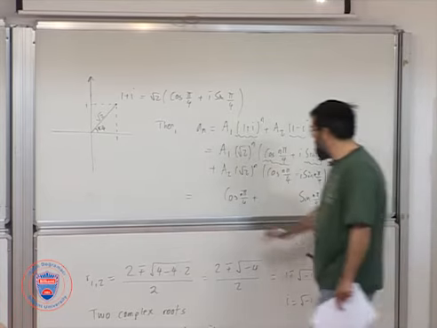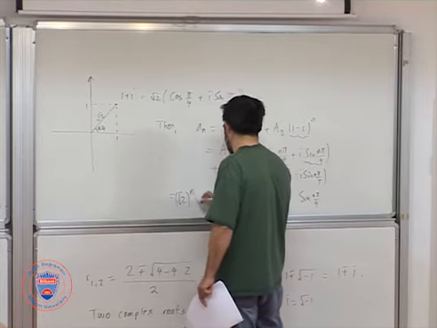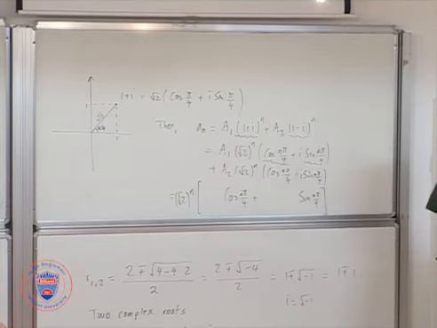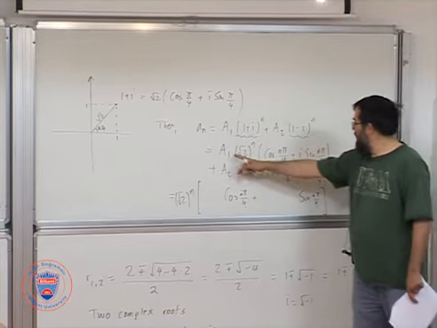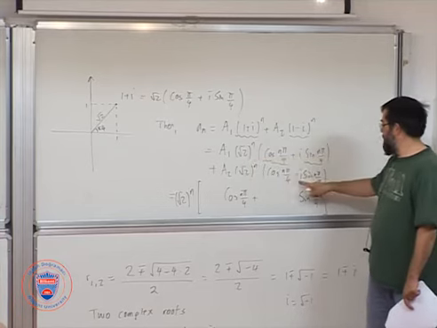So square root of 2 to the n will stay there, and then you have coefficients. Those coefficients you can specifically calculate using this, like it will be a1 plus a2 or i a1 minus i a2.